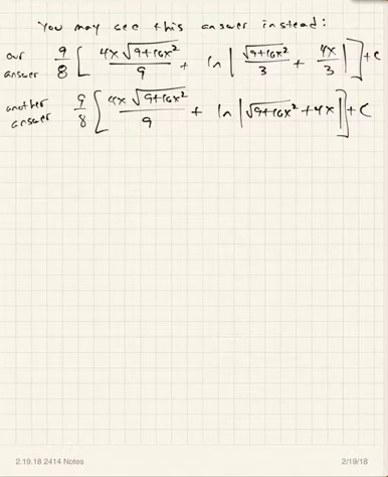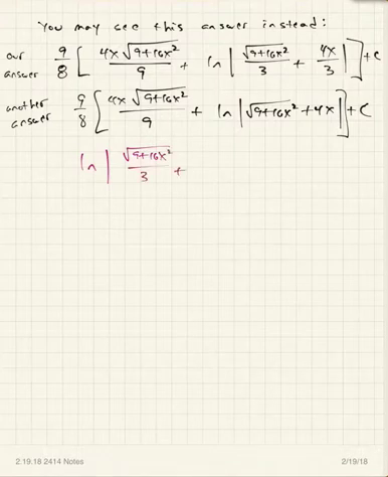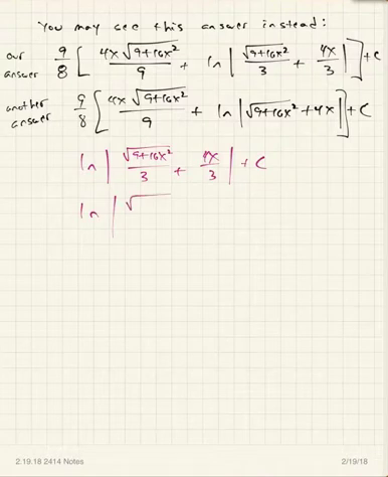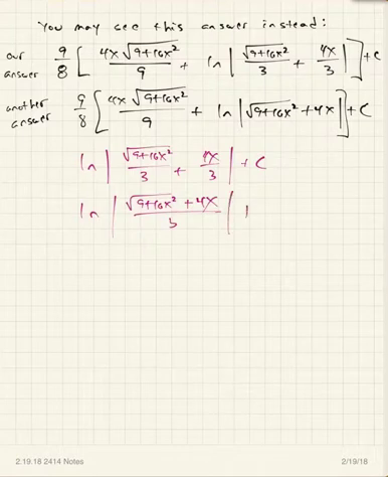And the deal is this. If you look at the natural log of the absolute value of the square root of 9 plus 16x squared over 3 plus 4x over 3, first of all, you could combine those fractions as one fraction, all over 3. See, that's a logarithm of a fraction right there.